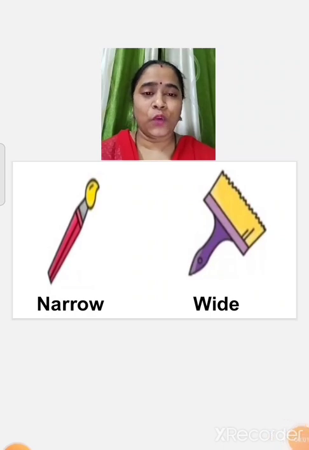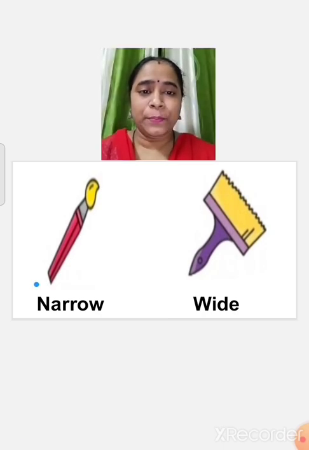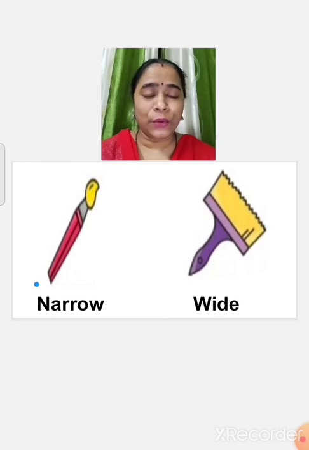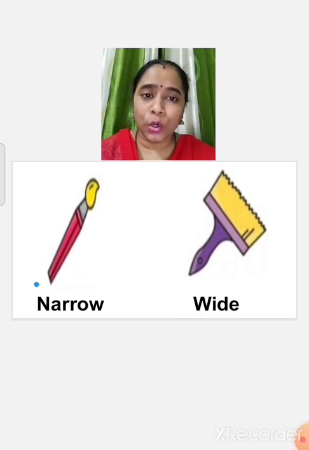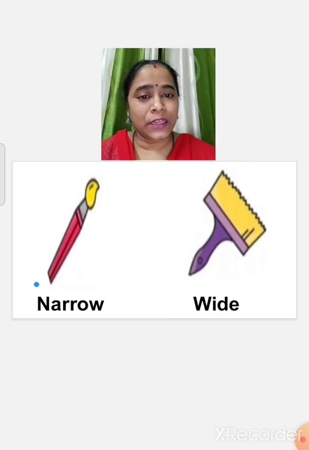Now children, what you can see here? Yes, paintbrush. This brush is narrow. The sides are closer to each other. Okay. So this brush is narrow.